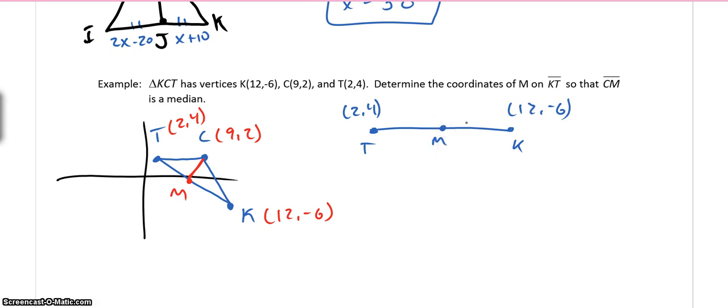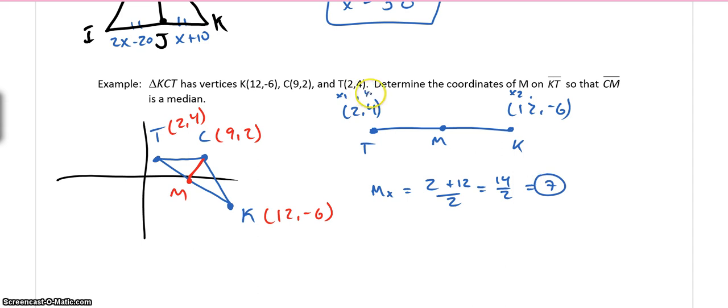Now, if you think back, this is from chapter 1. To find the midpoint of a line segment, we use our midpoint formula. So the midpoint of my x is 2 plus 12 divided by 2. Add your x's and divide by 2. We're just averaging. So I got 14 over 2, which is 7.